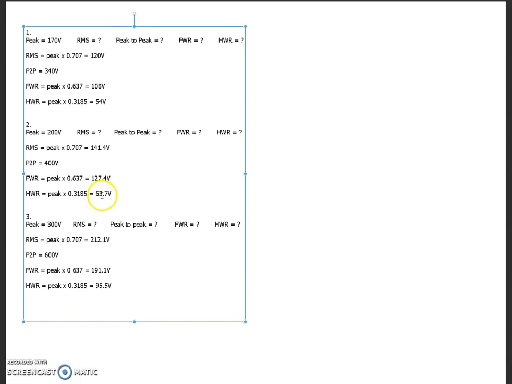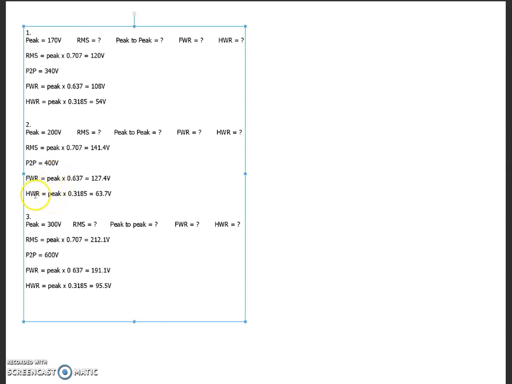This number has to go up to hit the peak, right? The peak is going to be the higher value. When you multiply by a decimal, the number goes down. When you divide by a decimal, the number goes up. So since the peak is the higher value, we're going to take the ratio, working backwards. And once you're at the peak, everything else just falls into place. It's always about getting back to that peak value.